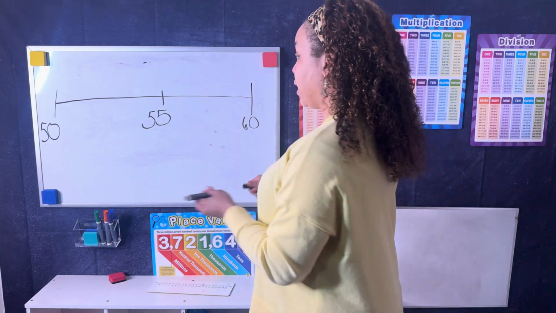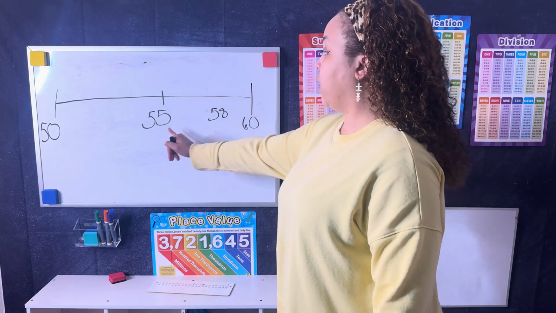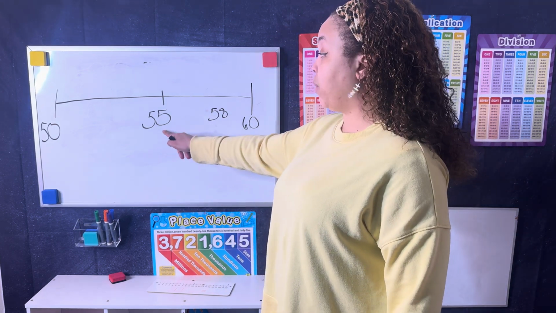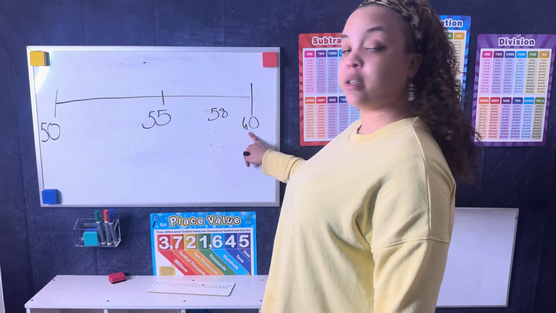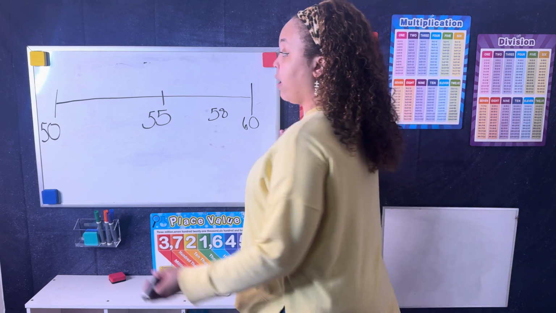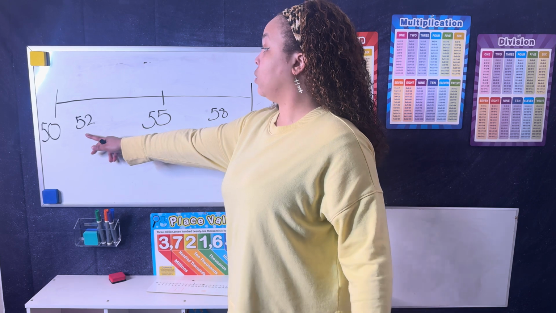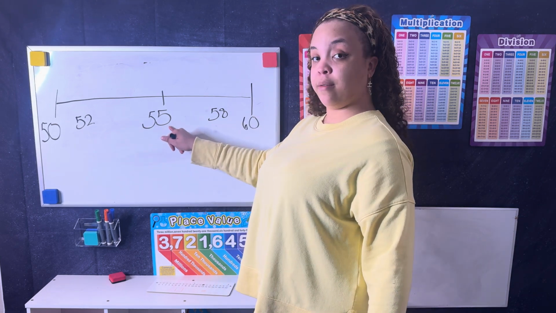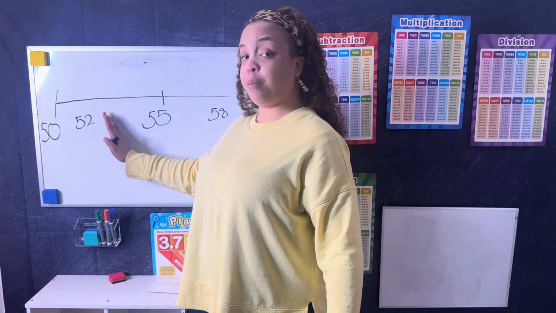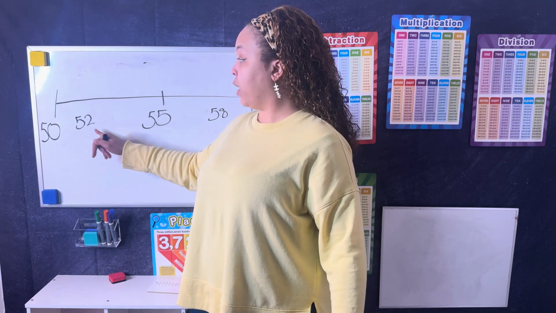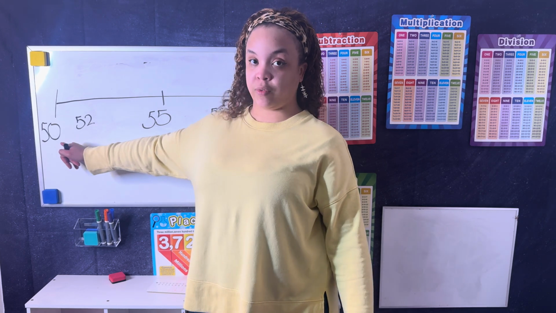So if I have 58, the 8 in the ones place is above 5, which makes the next 10 going to be 60. If I do 52, 2 is less than 5, which means when it says round up or down, you round up or down depending on this number in the ones place. 52 is closer to 50.